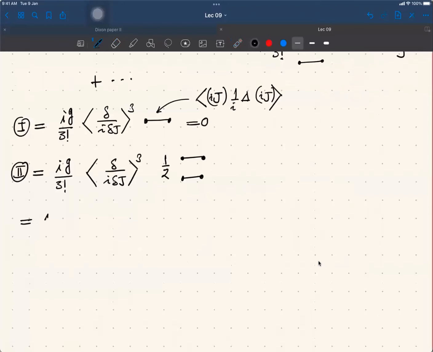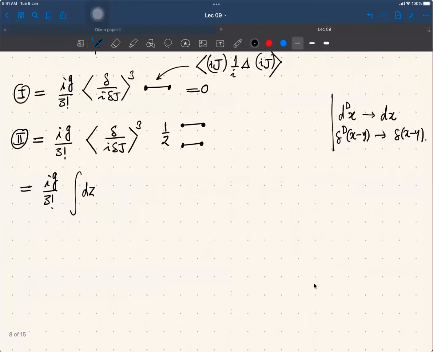Anyway, so now the expression, if you write it expanded, then it is dz. So our space-time integrals are actually dx, but for the sake of simplicity, I'm writing this. Similarly, delta x minus y, I will write delta x minus y. It looks like one-dimensional, but we understand what we are doing here without any confusion.